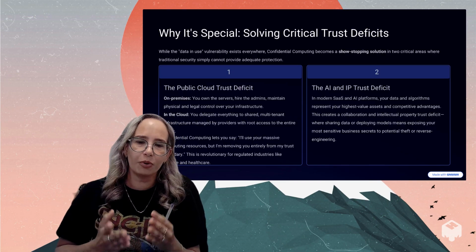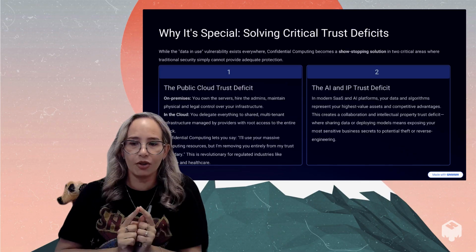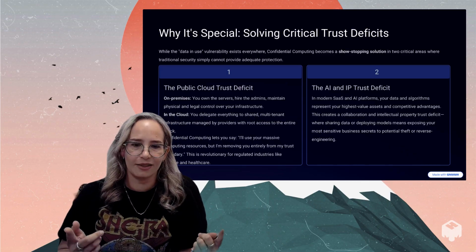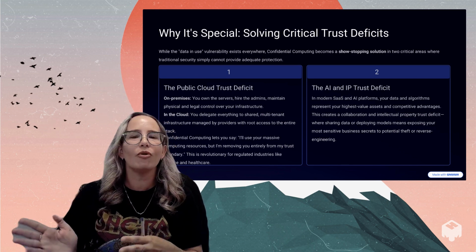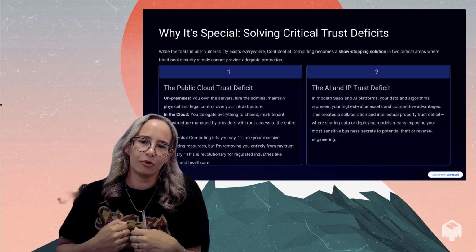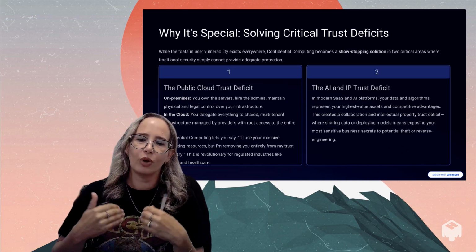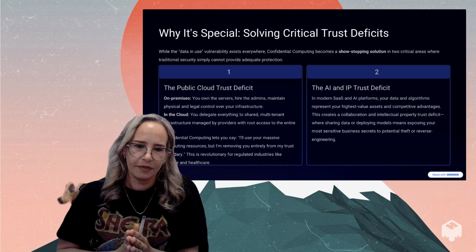Confidential computing is our way of saying, I will use your computing services, I will use your resources, but I am removing you, the cloud vendor, from my trust boundary entirely. You will not have access to my data in any way.